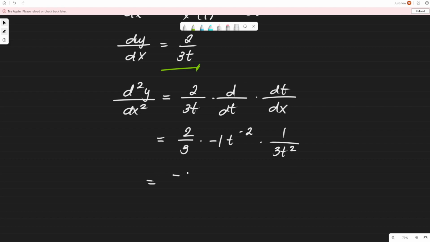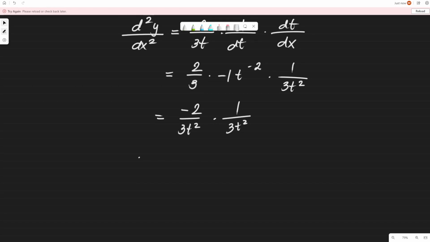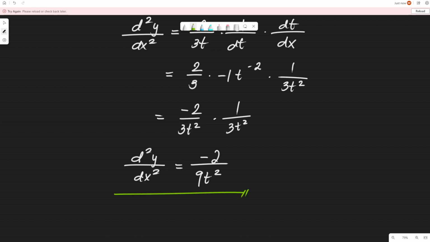So we'll have negative 2 over 3t squared times 1 over 3t squared. So d squared y over dx squared is equivalent to negative 2 over 9t squared. This is the second derivative. So it's really that simple.